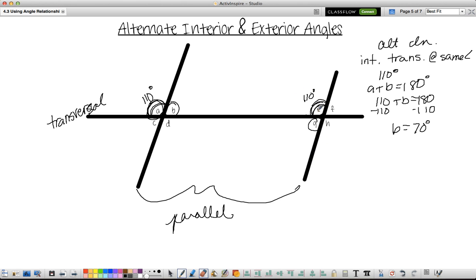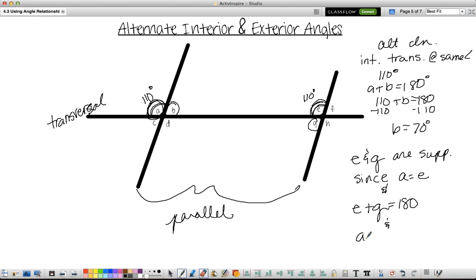So by proxy, I know that E and G are supplementary. And since A is equal to E, and E plus G has to equal 180 degrees, wherever I see A, I can put in E and vice versa. So I can say that angle A plus angle G has to give me 180 degrees.